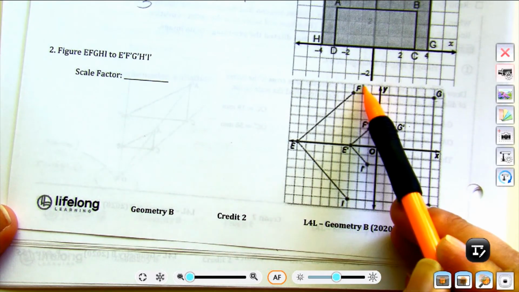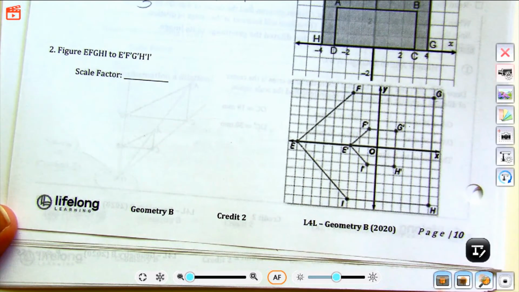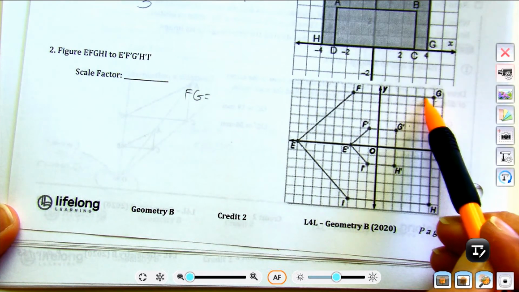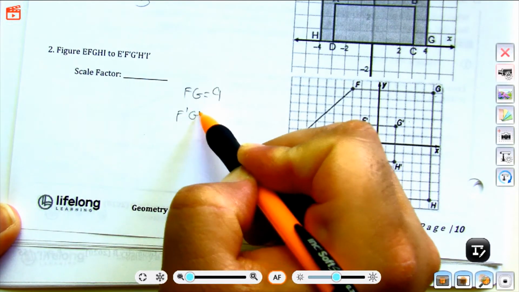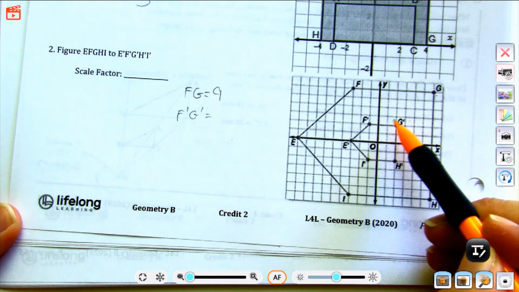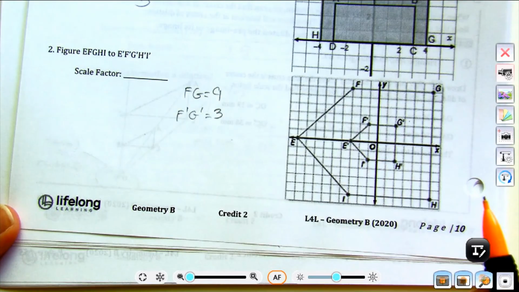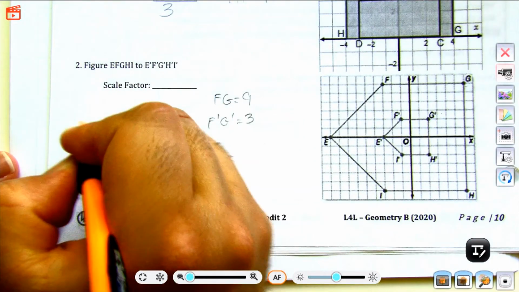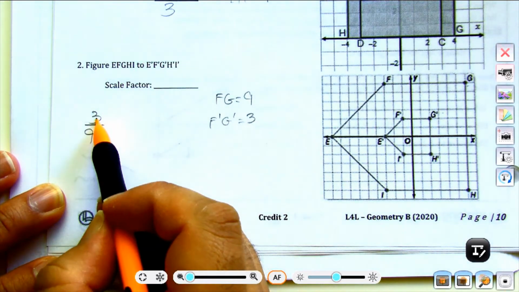That is 1, 2, 3, 4, 5, 6, 7, 8, 9. To F prime G prime, 1, 2, 3. So my scale factor would be 3 over 9 because it's the image divided by the pre-image, but then this reduces. I divide the top and bottom by 3, I get 1 over 3. So that is your scale factor.